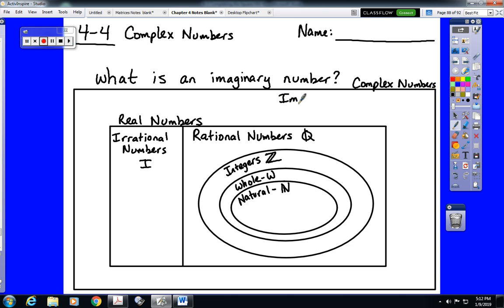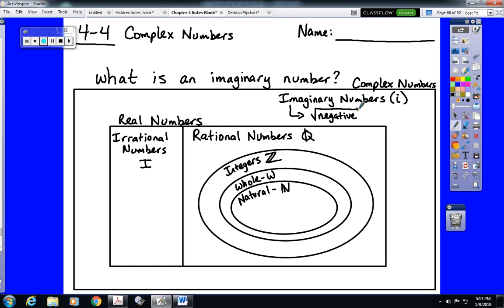Now the other thing is there are numbers you have not worked with yet. They are called the imaginary numbers. And they're based on the number i, which we will return to in a couple of screens to talk in more detail about what i is. These are essentially roots, specifically even roots, where your index is an even number, 2, 4, 6, 8, 10th roots, 12th roots, of negative numbers.